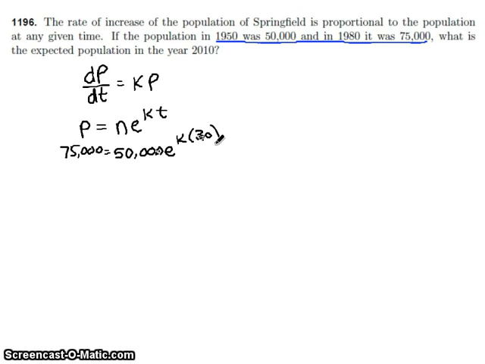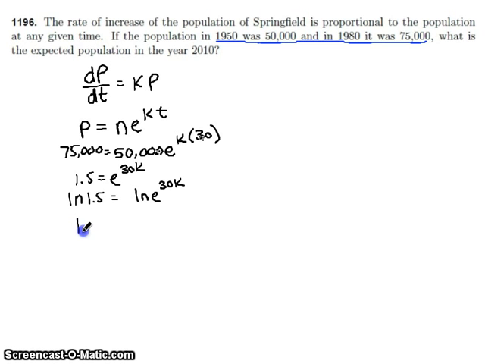Our only variable left is k, so we can solve for that value of k. So we would want to divide by 50,000, take the natural log of each side, and this is where our calculator is going to come into play. Because on the right side it works out nicely, the natural log and the e are going to cancel out, but the natural log of 1.5, I don't know what it is.